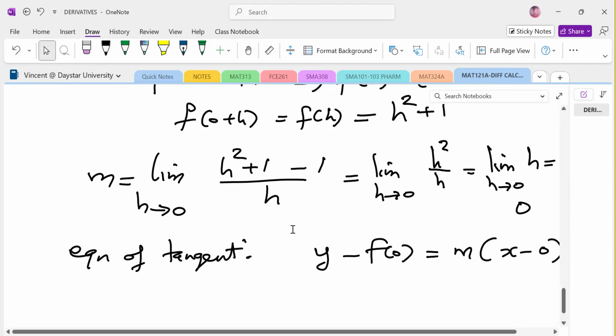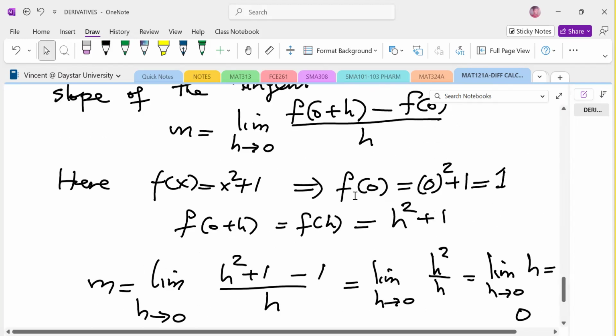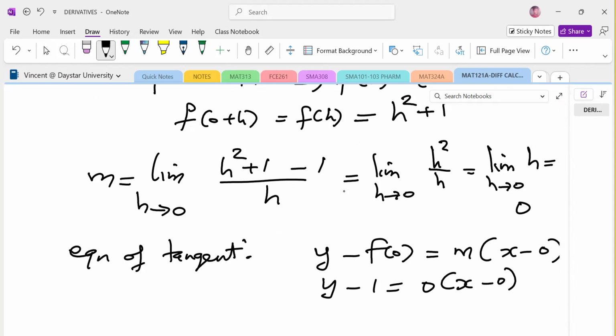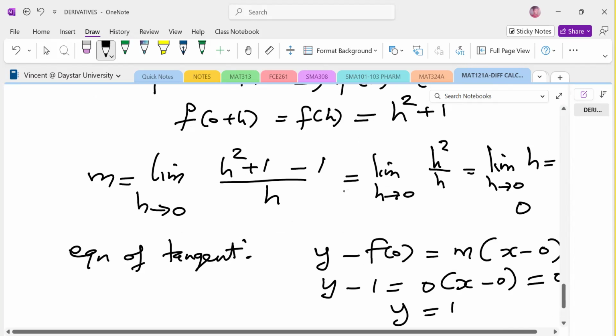So f of 0 is 1, so I'll have y minus 1. Value of m is 0, so 0 into x minus 0 is just 0. So y equals 1 will be the equation of the tangent line.